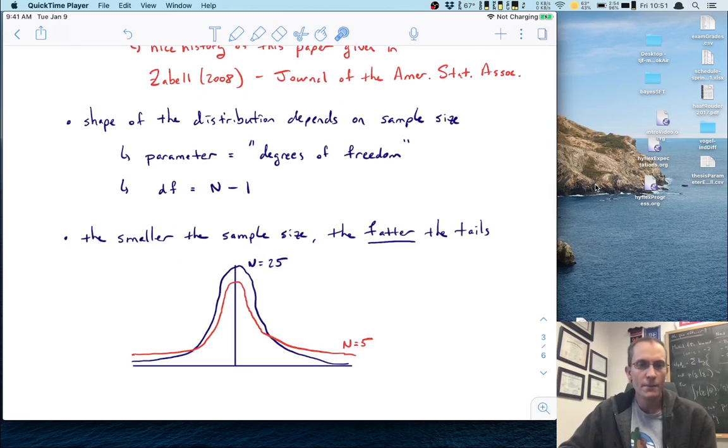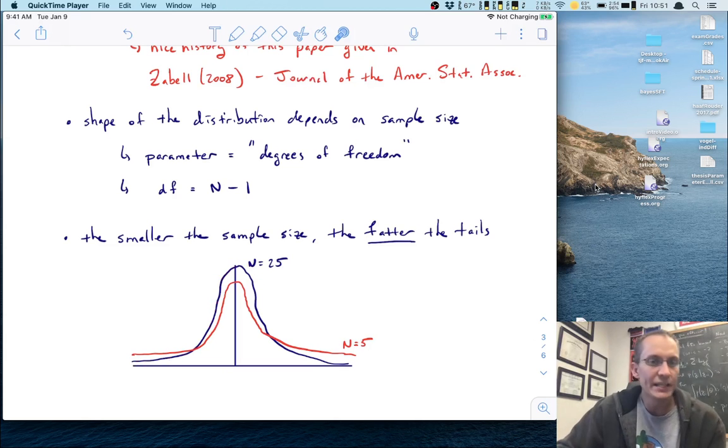Okay, so the basic idea is this. The smaller the sample size, the fatter the tails of the distribution. So consider these two curves that I've plotted down here. These are terrible renditions, I'll give you that, but they're at least sketches that indicate what's going on. Consider the blue curve first. That's this one here.